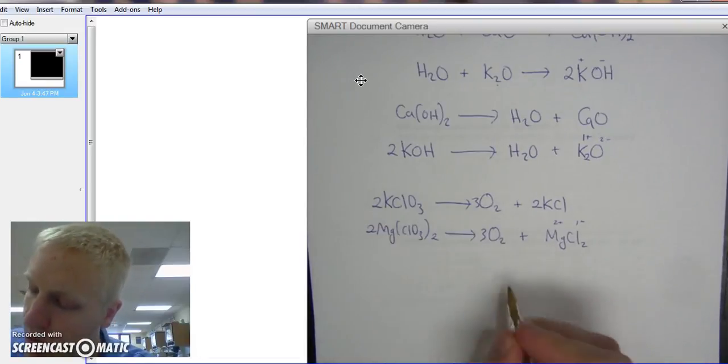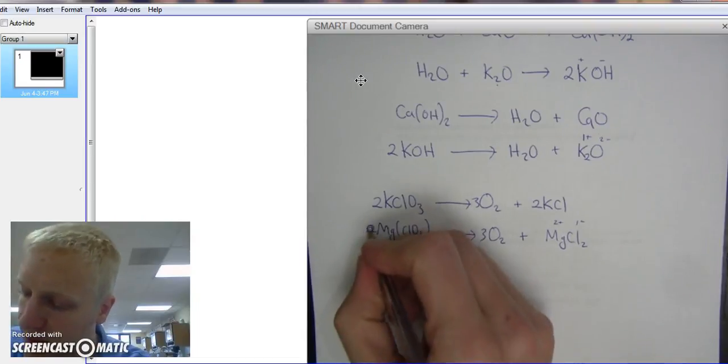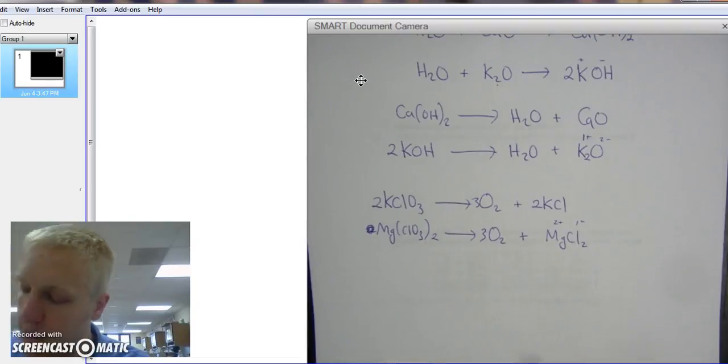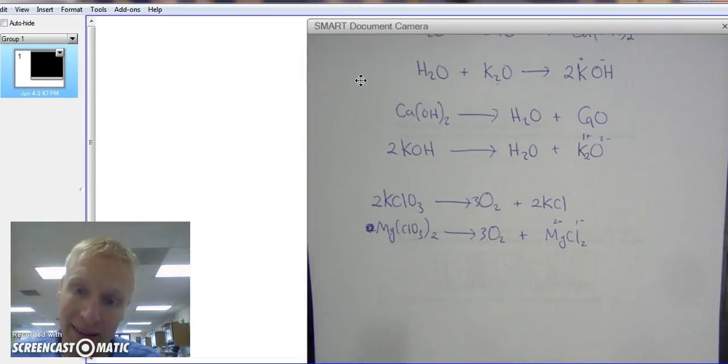We're going to need 2. 3 times 2 is 6. We don't need that because we have 6. And we have 2 chlorines, 1 Mg, 1 Mg, and it's balanced. So the main idea, if you have a chlorate, ClO3, it's going to decompose, form O2 gas, and a chloride, in this case, MgCl2.